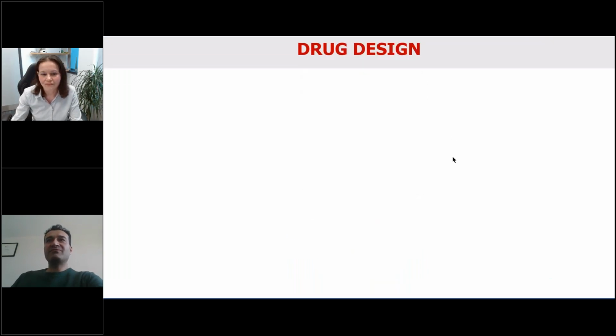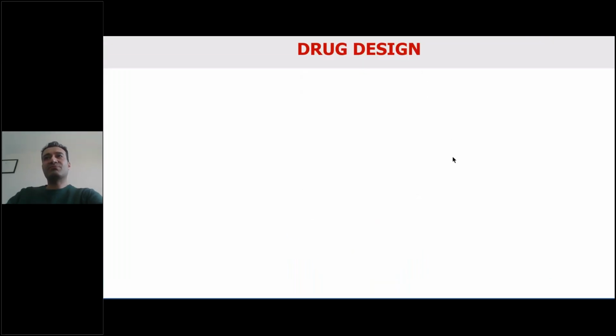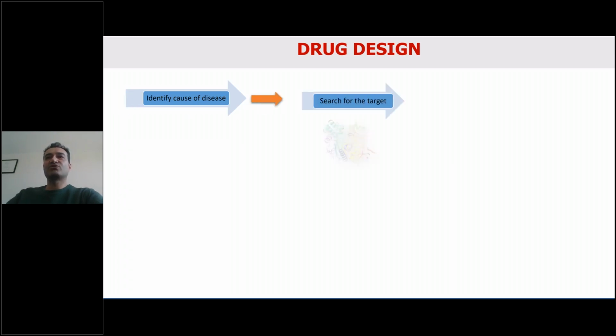Okay, let's begin with the simple steps involved in drug design. The first step involves identifying the cause of a specific disease. The next step is to search for the target that is involved in the disease. You have to be careful selecting the correct target because some enzymes, for example, are closely related but not identical.